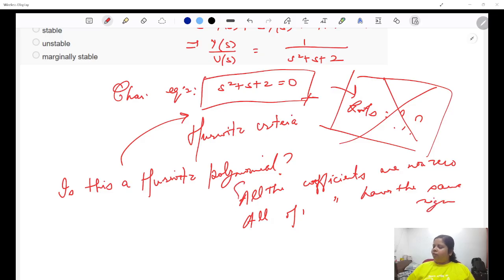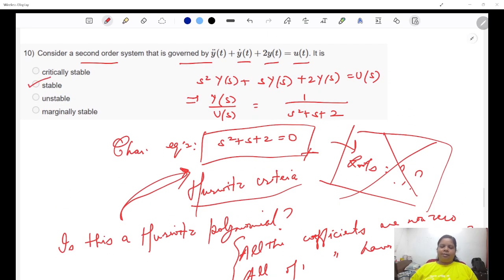So as both of them are being satisfied, it is a Hurwitz polynomial, and as we already saw, for first order and second order, if the Hurwitz criteria is satisfied, then we can say that the system is stable. It won't work for third order system. For third order system, Hurwitz criteria just becomes a necessary condition, but the sufficient condition is given by Routh's criteria.